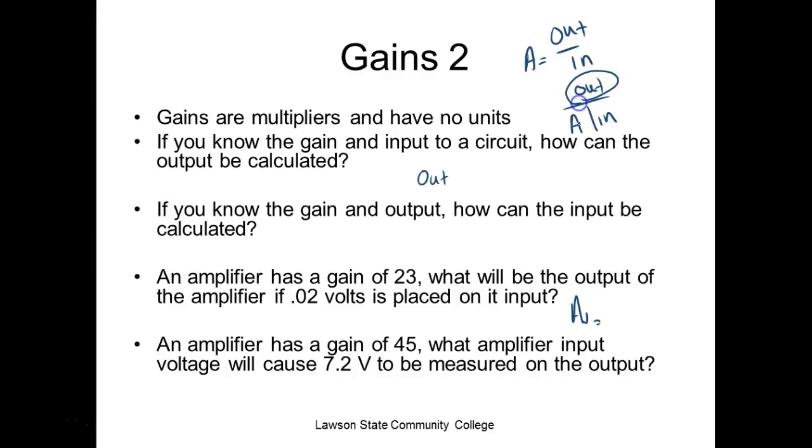So what would out equal? Out would be equal to gain times in, so 0.2 times 23. So I can't call this A, I have to call this V out.